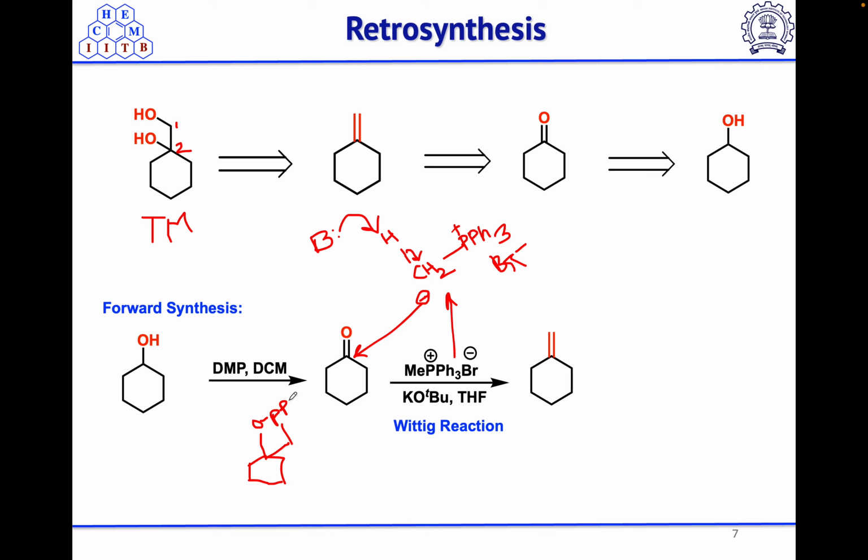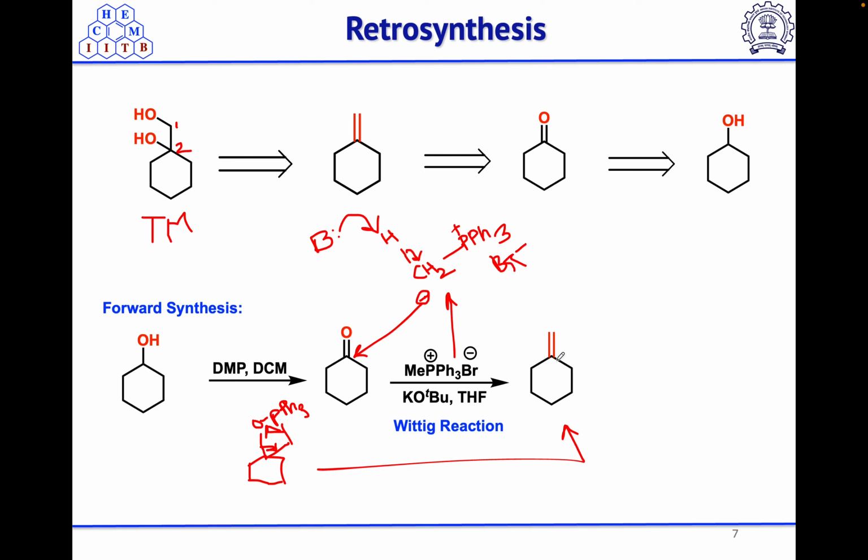Decomposition of this oxaphosphetane intermediate leads to the olefin product, because triphenylphosphine oxide will form. This is a retro 2 plus 2, so it will generate this olefin. After doing this Wittig reaction we will get this olefin.